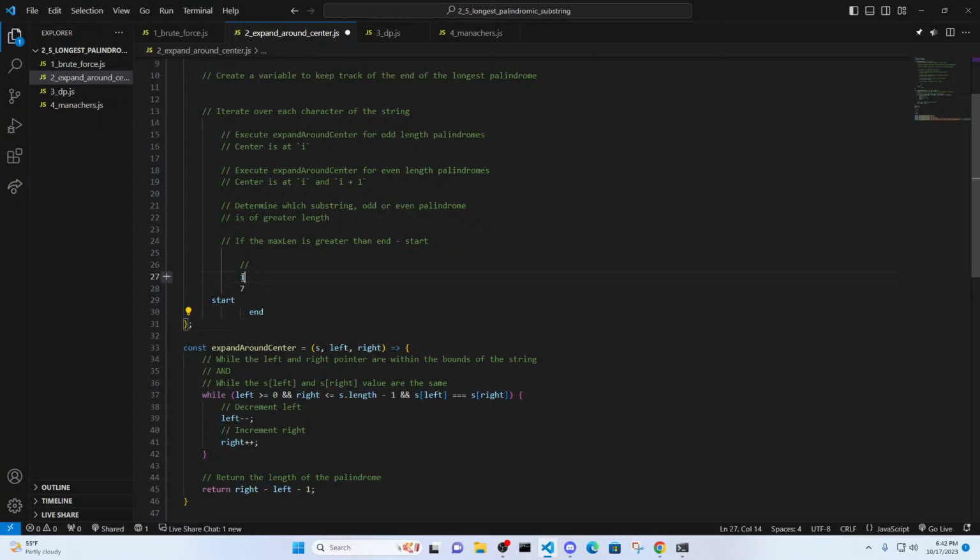So I just took our max length. For the start, I subtracted 1 from our max length, so 6, and then divided by 2, which got me 3. So you'd start at 10, 9, 8, 7.